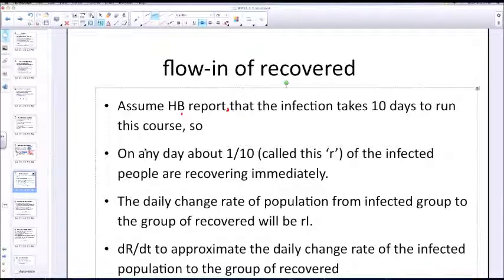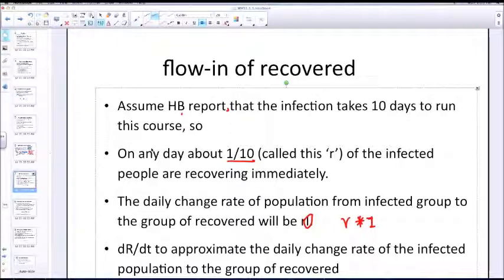That means every day, 1/10 of the infected people on average recover. Then the daily change rate equals the population, which is I here, multiplied by the daily recovery rate. So every day, this many people become recovered.